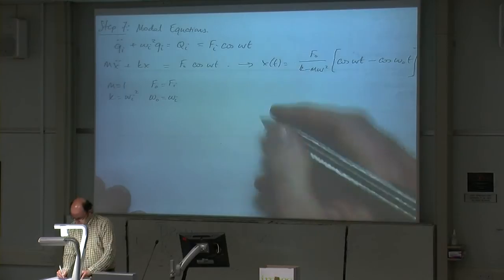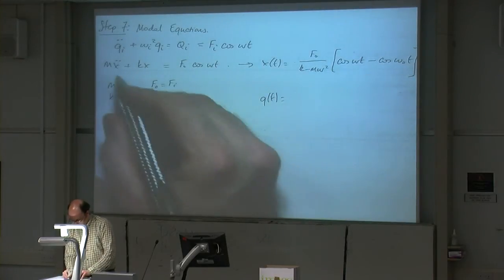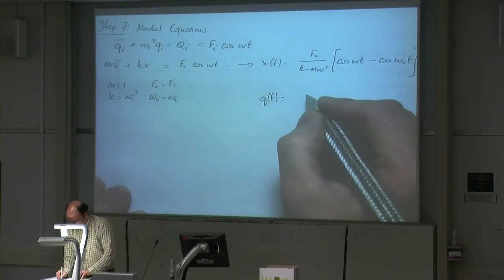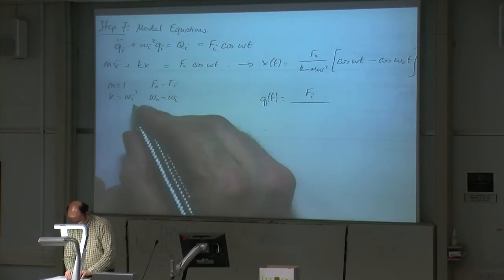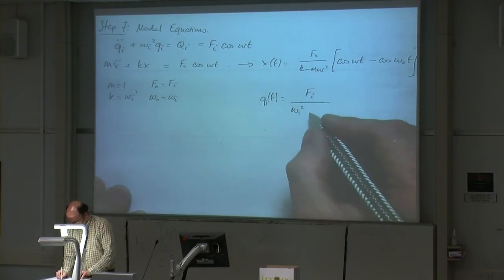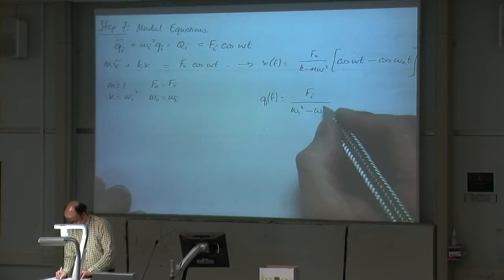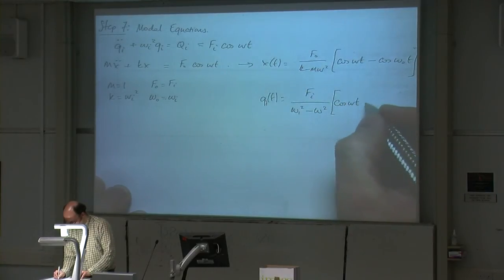So therefore q must be the same form. So qi is going to be fi divided by, we've got k is omega i squared, minus m is 1, so it's minus omega squared, times cosine omega t minus cosine omega i t.